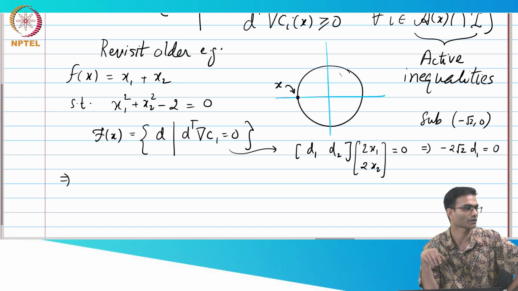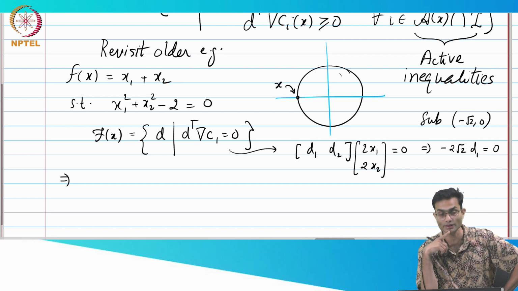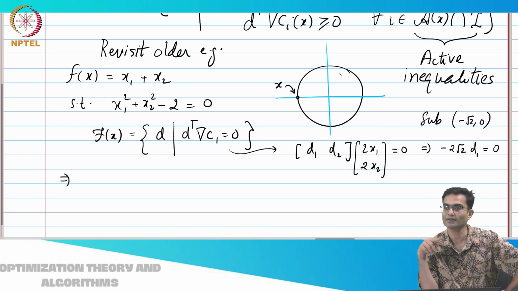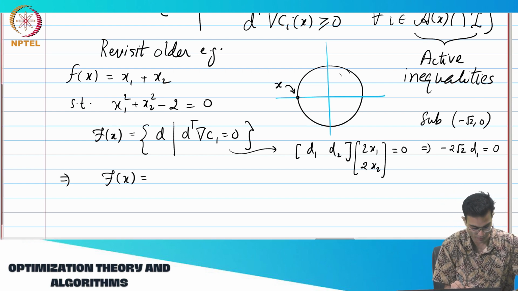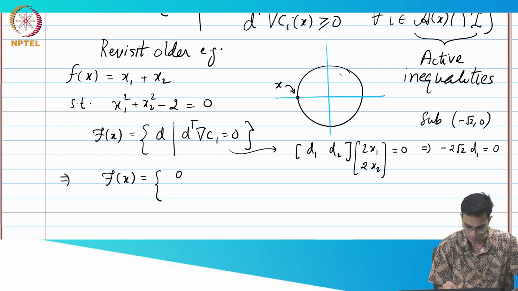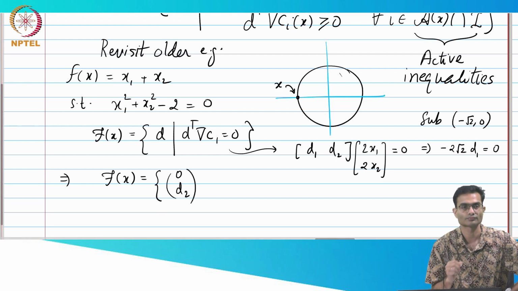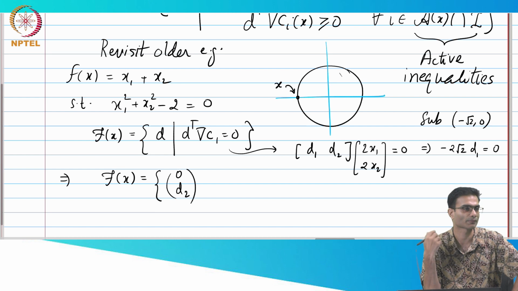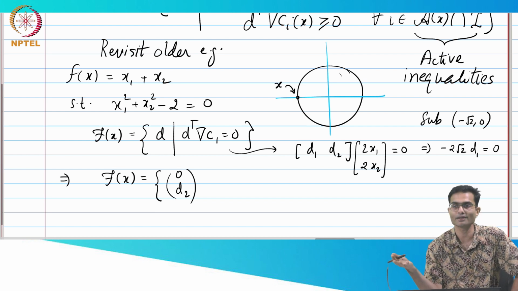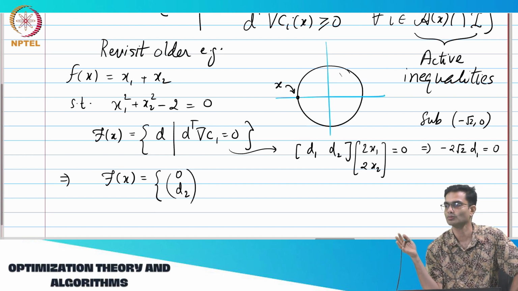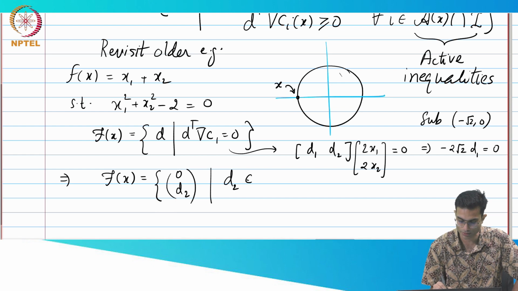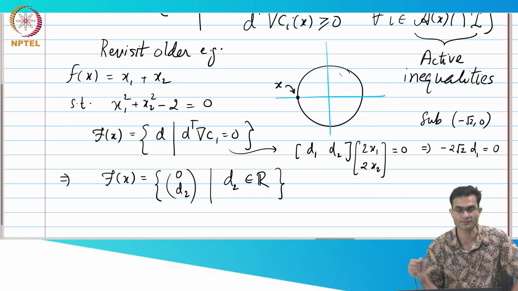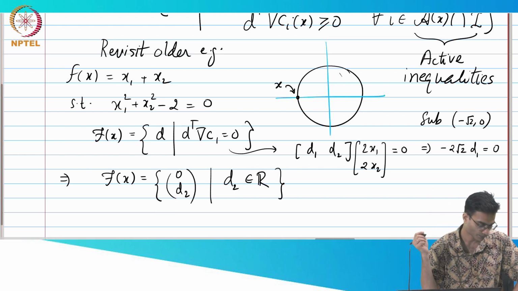I just substituted the coordinates x1, x2 into this. So d1 has to be 0. It tells me that at this point my set of feasible directions is (0, d2). d1 is 0, I am left with d2, and I didn't get any constraint on d2, so d2 could be any number. I'll simply write that d2 lives in the set of all real numbers.